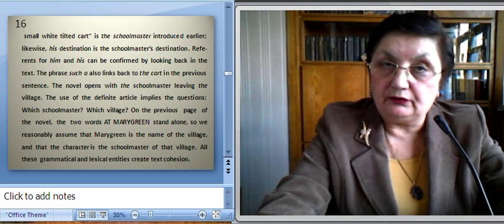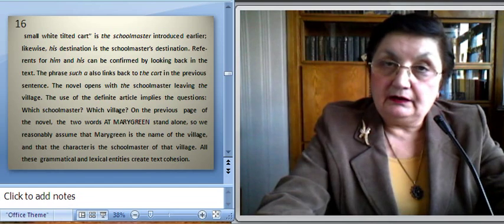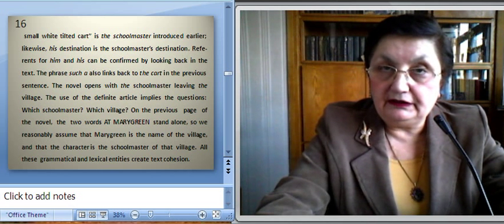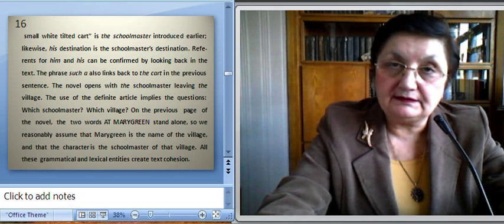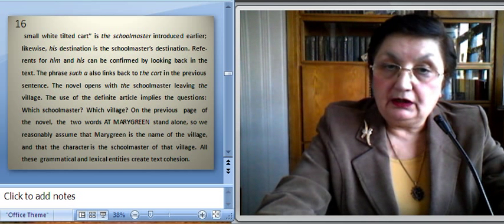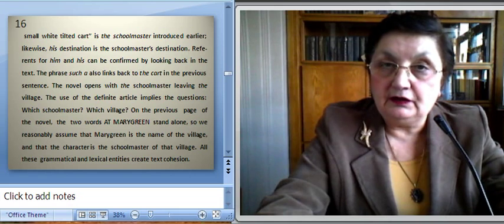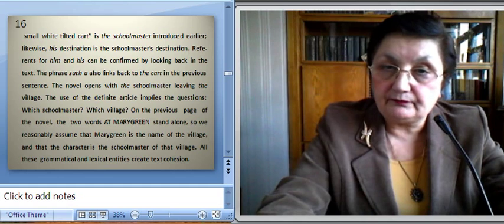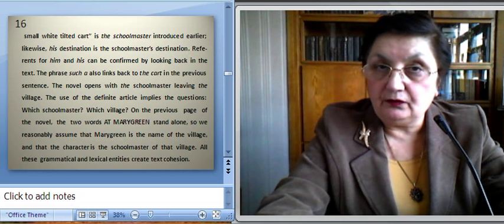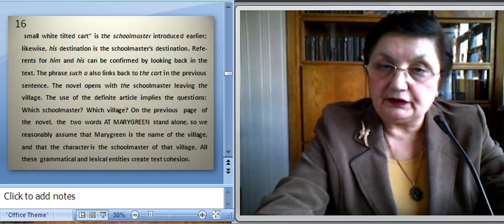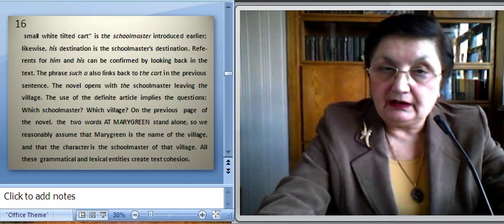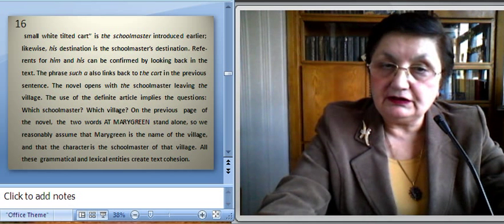The novel opens with the schoolmaster leaving the village. The use of the definite article implies the questions: which schoolmaster, which village? On the previous page of the novel, two words, "Marygreen," stand alone. So we reasonably assume that Marygreen is the name of the village and that the character is the schoolmaster of that village. All these grammatical and lexical entities create text cohesion.